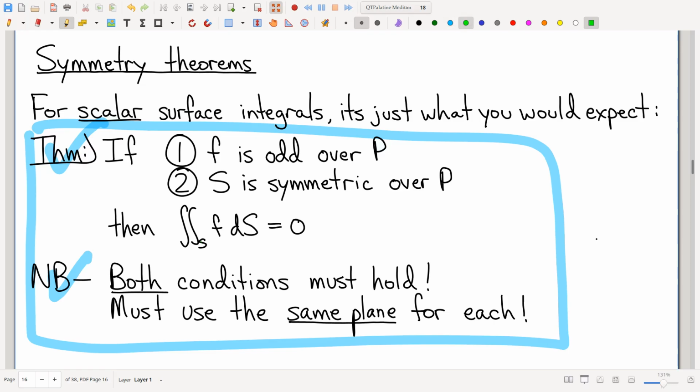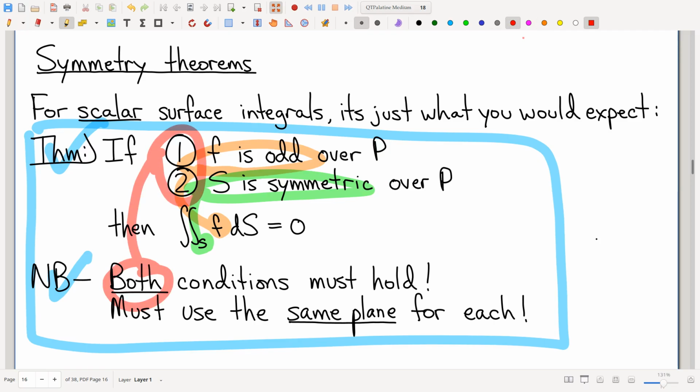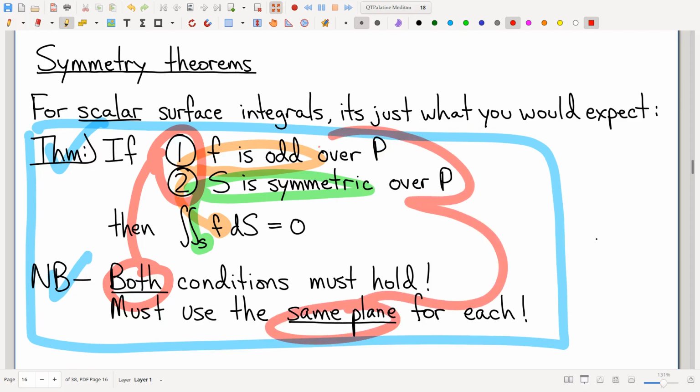And so if you have a symmetric domain and an odd integrand, by the way, both of these conditions have to hold, and it's got to be the same plane for both of them. Then the integral equals 0, walk away.